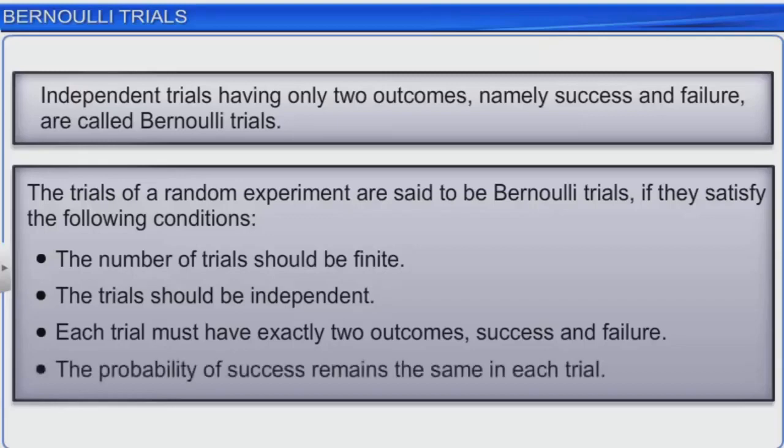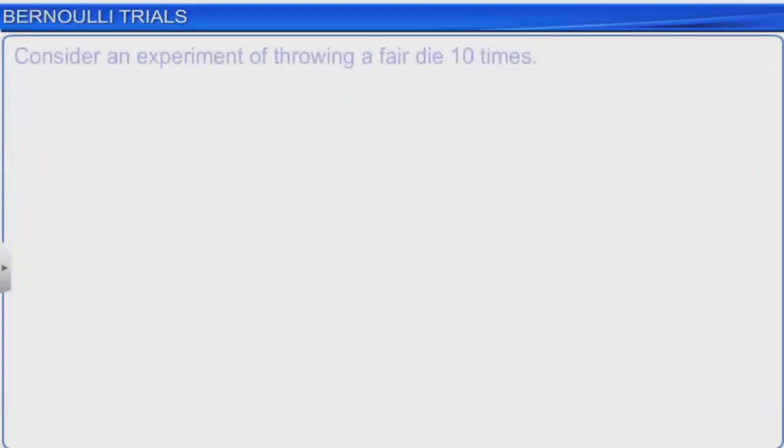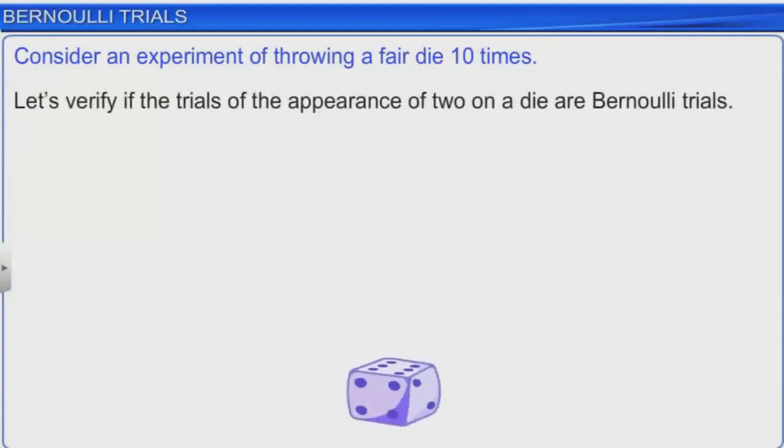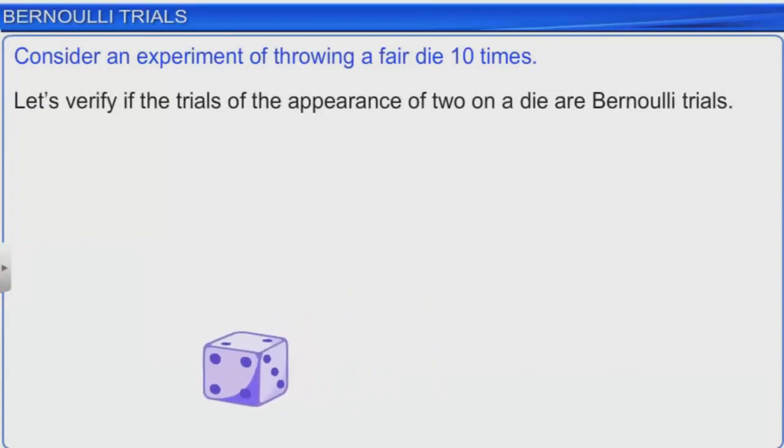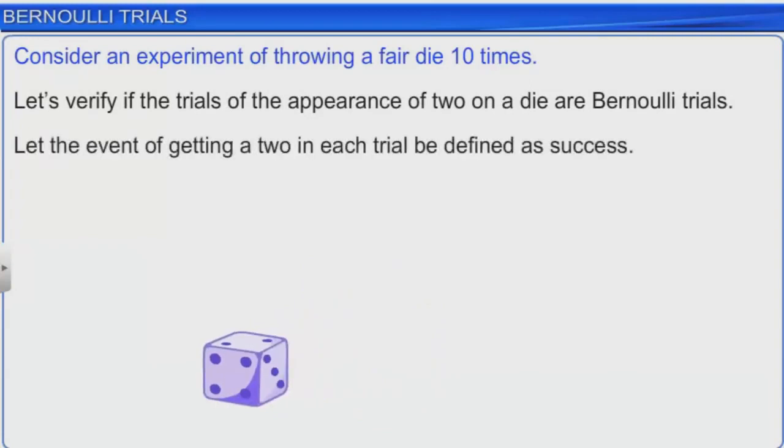Let's use this definition to verify whether a trial is a Bernoulli trial. Consider an experiment of throwing a fair die 10 times. Let's verify if the trials of the appearance of 2 on a die are Bernoulli trials. Let the event of getting a 2 in each trial be defined as success. Let the probability of success be P. Clearly, the successive throws are independent.